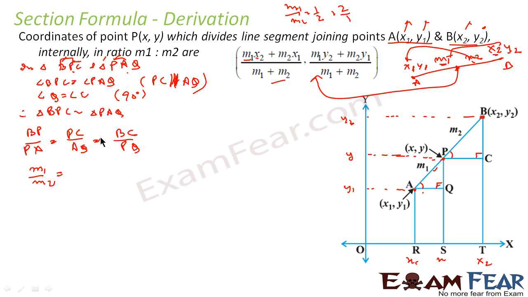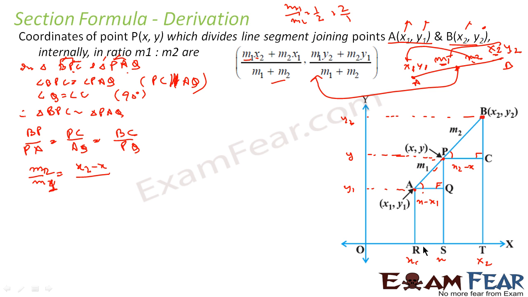Next is PC by AQ. So what is PC? PC is equal to ST, and that is x2 minus x. Sorry, this is m2 by m1. BP by PA is equal to m2 by m1. PC is equal to x2 minus x, and AQ is equal to x minus x1.